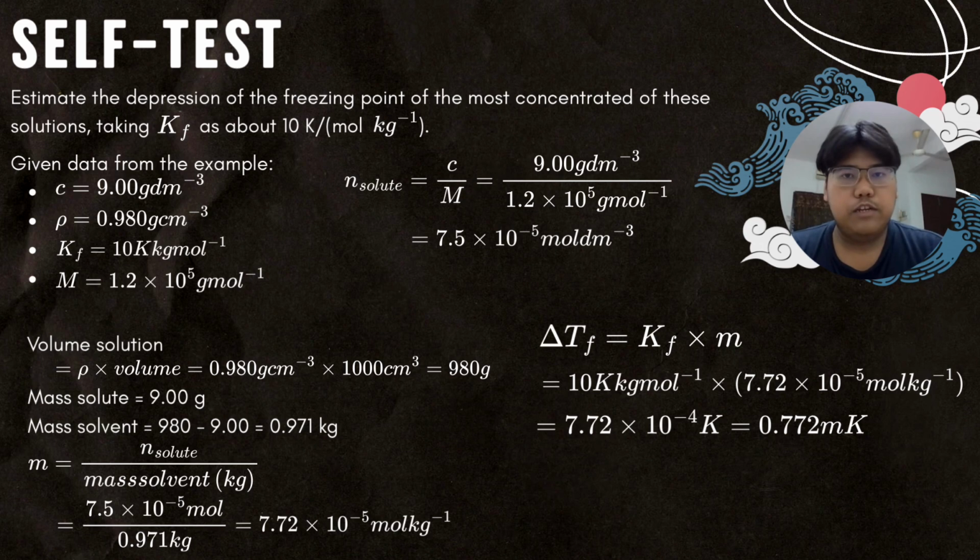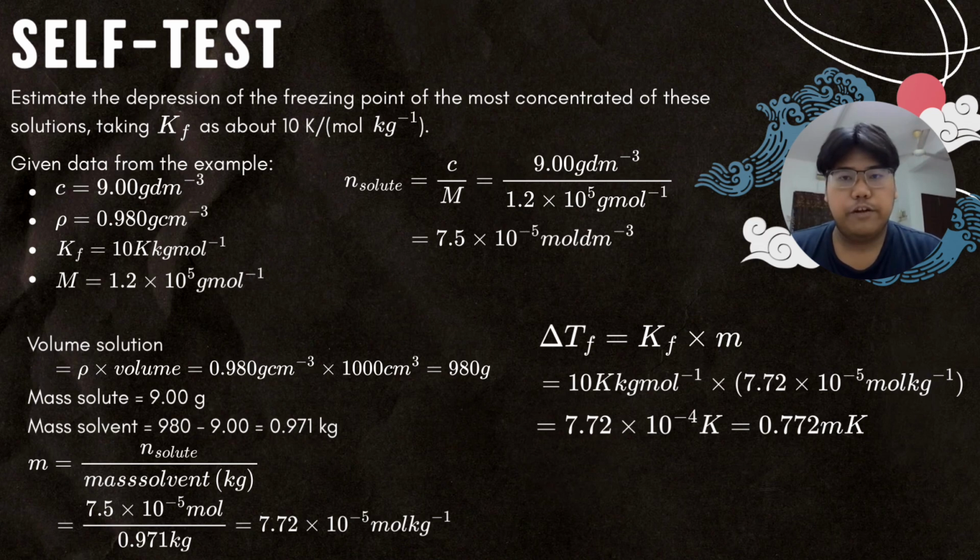Firstly, we need to calculate the moles of solute using this equation, n solute equals c over M. We just substitute the values into the equation, and we will get 7.5 times 10 to the power of minus 5 mole per cubic meter. Then we need to calculate the mass of solution using density times volume, and we will get 780 gram.